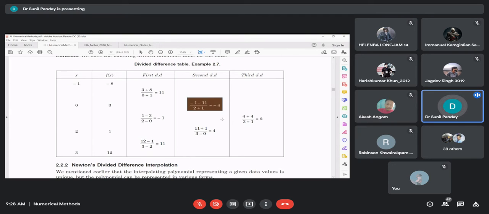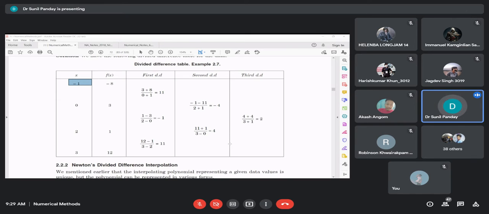Similarly, you can calculate the second order divided difference like this minus this divided by 2 minus minus 1, and so on. The third order divided difference is this minus this divided by 3 minus minus 1. So this is the third order divided difference.